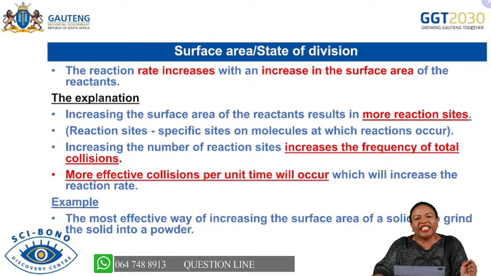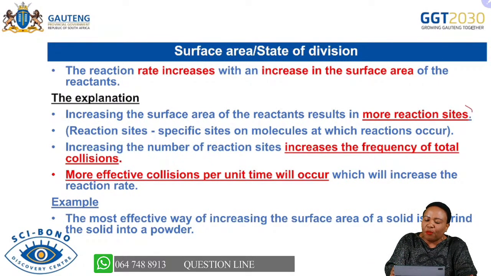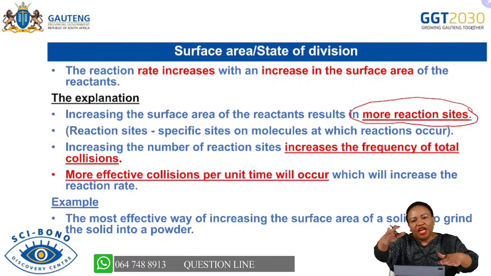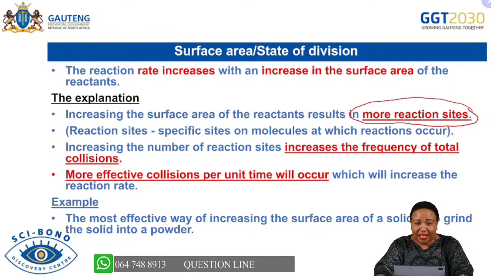Now, let's explain what exactly is happening as you are increasing your surface area in terms of the collision theory. Increase in the surface area of the reactants results in more reaction sites. So you are going to have more reaction sites, because as they are spreading out, it means there will be more reaction sites. So that is exactly what is happening when you are increasing the surface area of a solid.